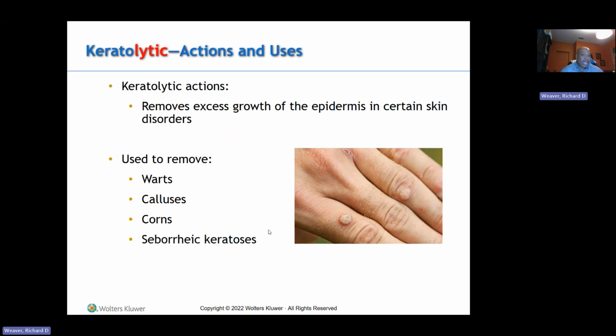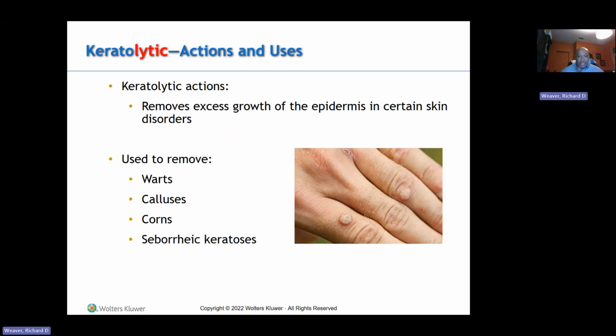And these drugs can remove, of course, warts and calluses, corns, seborrheic keratosis. Basically, this is a benign, colored skin growth arising from the oil glands of the skin, seborrheic keratosis. It just affects the oil gland.